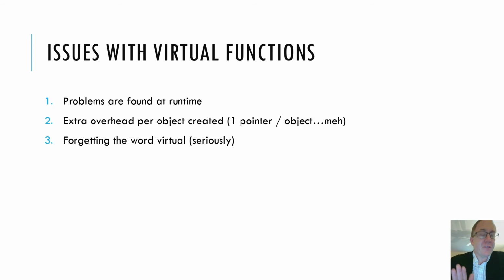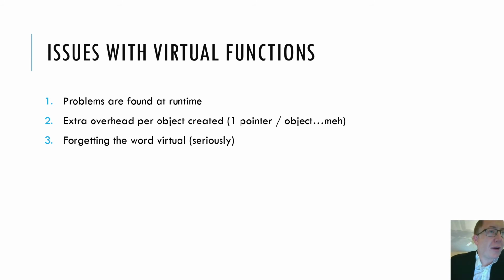For virtual functions, there are a couple of problems. One, the problems are found at runtime. Let's say you make a paint method for circle, a paint method for triangle, a paint method for rectangle, and you forget to test your triangle's paint method. You will not see the problem at all.